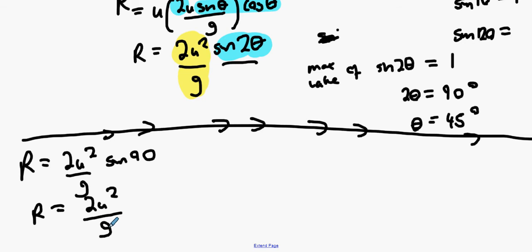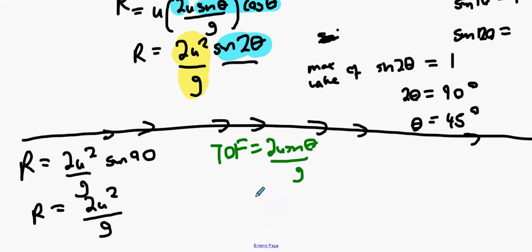Next thing you have to do is find your greatest height. If your time of flight from start to finish is 2u sine theta over g, what's the time to the greatest height?